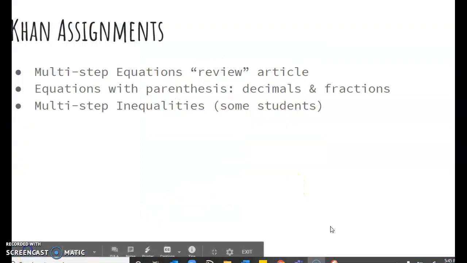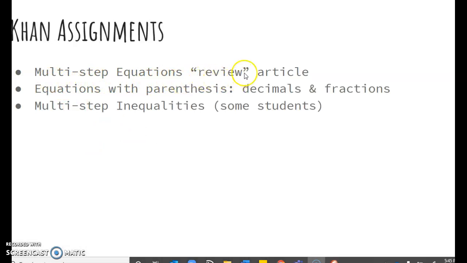The last things that we have assigned to us are Khan Academy assignments. One of them is a multi-step equations review. This will be just a review for us. It's an article that goes step by step and guides you through the problems. The next one is equations with parentheses, including decimals and fractions.